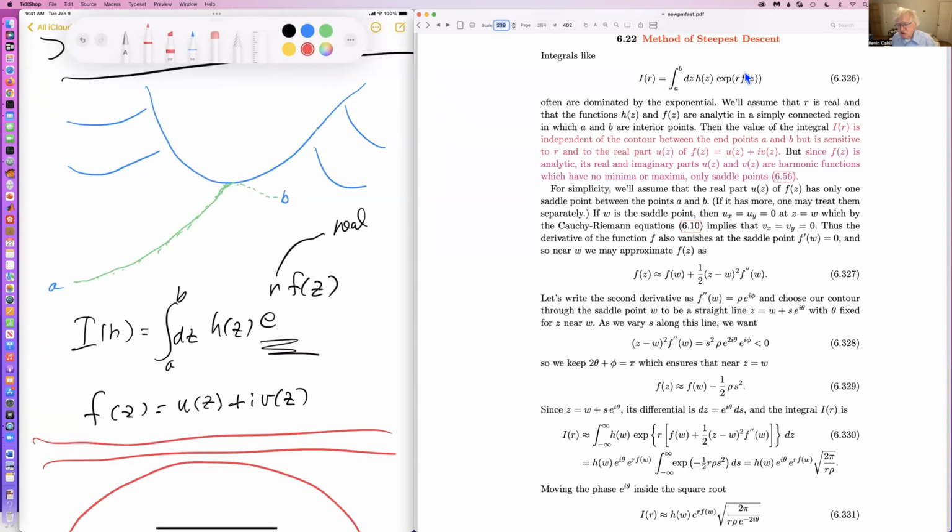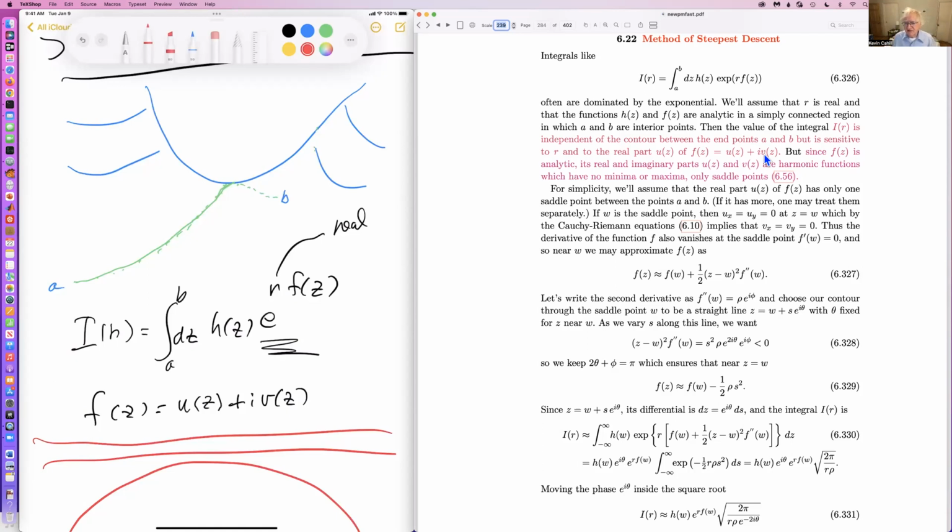And so, what does this exponential look like? Well, you see, f, of course, is u plus iv, but u and v, being the real and imaginary parts of an analytic function, are harmonic functions.